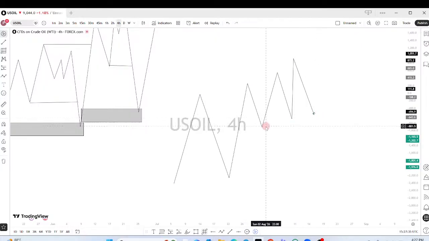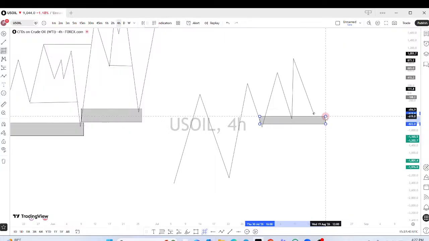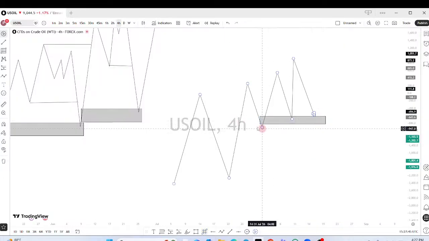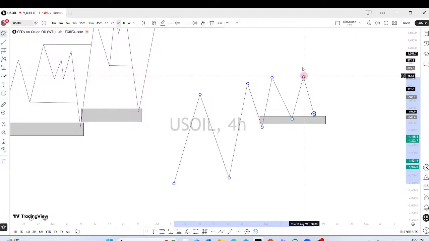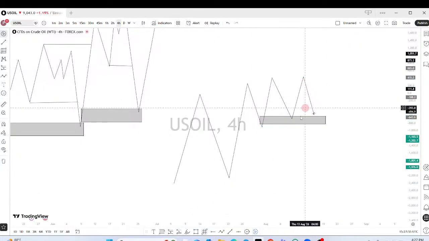I'm not going to be trading from here. I'm not going to be marking this level as an order block or support. I'm not doing that, because I know that this is liquidity and there's liquidity up here.